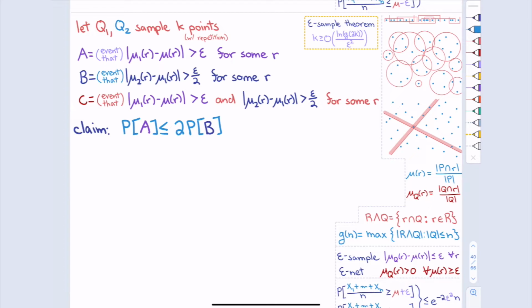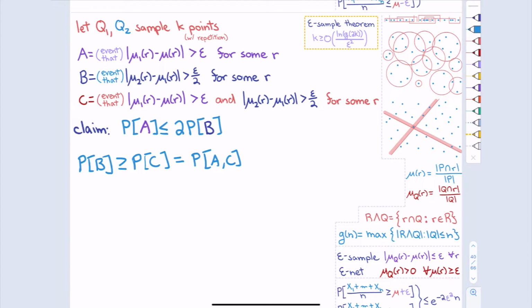All right, so how do we do this? We'll start with the probability of B. Now, event C is just more detailed than event B, so the odds of B occurring is at least the odds of C occurring. And A is a superset of C, so events A and C occurring is the same as just C occurring.